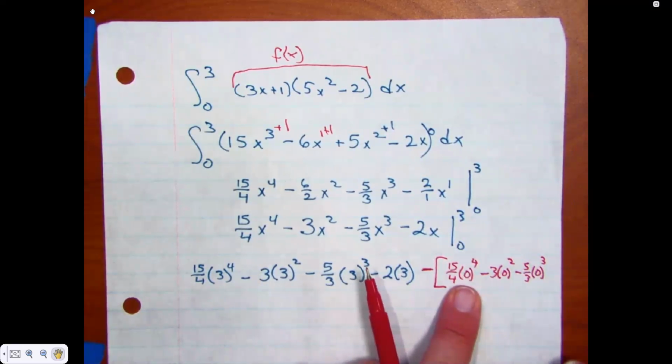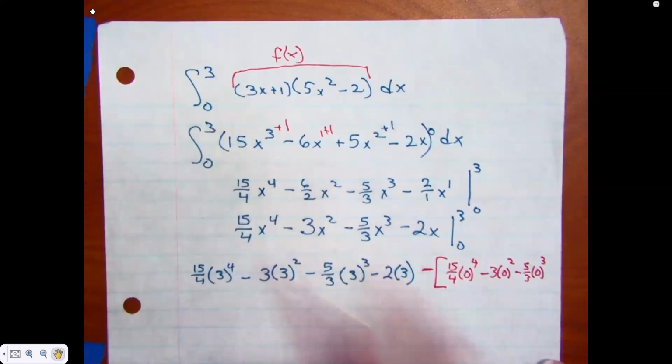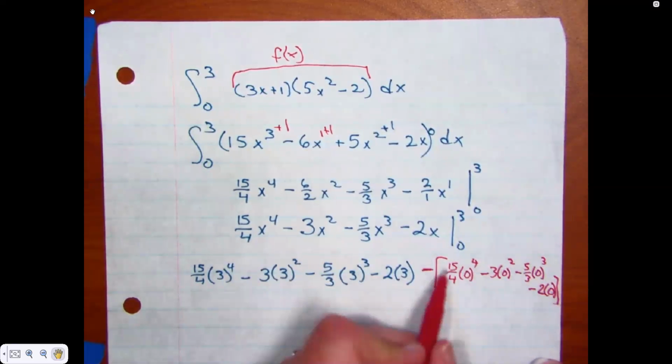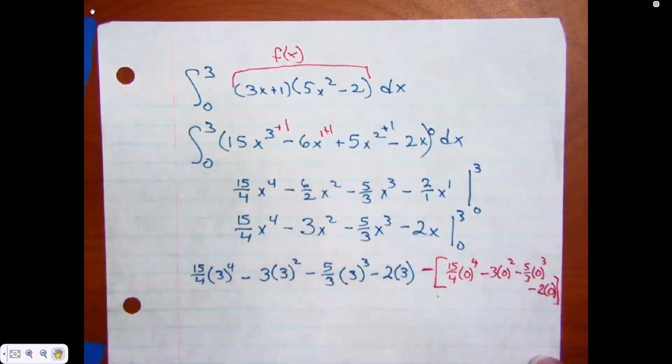We get 0. 0 to the 4th times 15/4 is still 0. If you want to just write down 0, we got minus 2 times 0. But because there is no constant, what does this whole bracket turn out to be? That turns out to be 0. Can you see that?